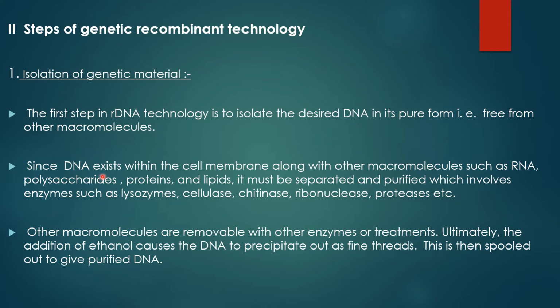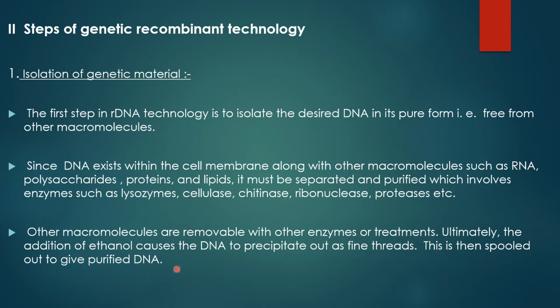Since DNA exists within the cell membrane along with other macromolecules such as RNA, polysaccharides, proteins, and lipids, it must be separated and purified, which involves enzymes such as lysozyme, cellulase, chitinase, ribonuclease, and proteinases, etc. Other macromolecules are removable with other enzymes or treatments.